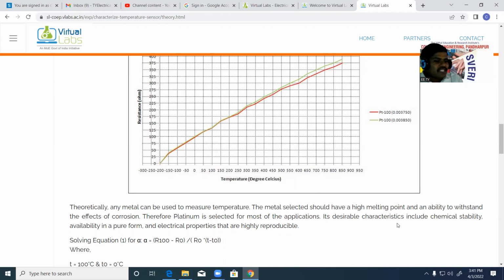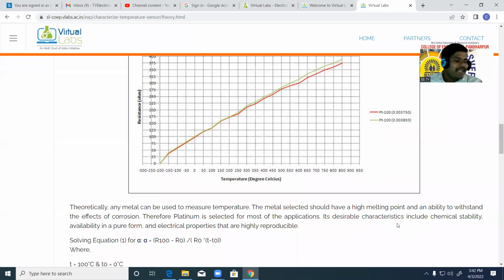Another requirement is the ability to withstand the effect of corrosion. What is meant by corrosion? If the material is exposed to air, it will start corroding. The material should withstand corrosion.